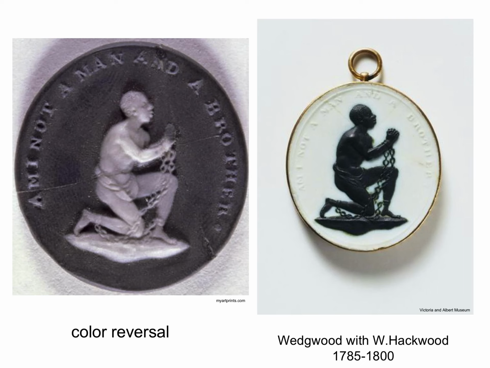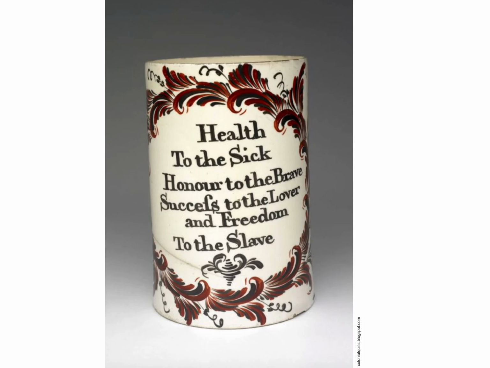Those emancipation seals were produced by the thousands and distributed over England, Europe, and the Americas to create emancipation from slavery and the end of slavery and the slave trade. A cup here that reads, "Health to the sick, honor to the brave, success to the lover, and freedom to the slave."